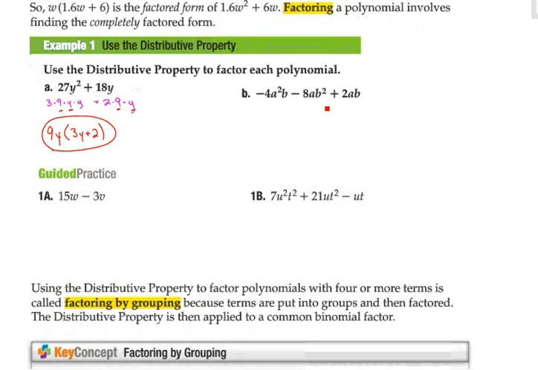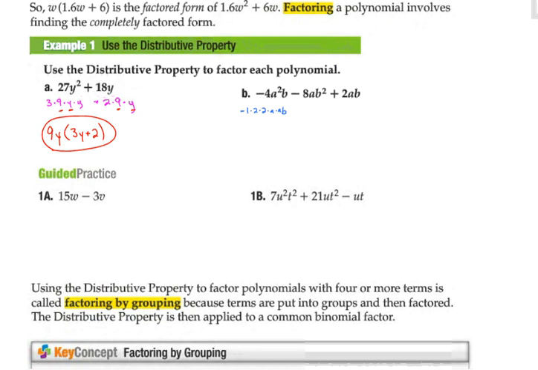Okay, so here's a question. Does it work when we have more than just a binomial? Well, I think so. So let's go ahead and look at this. How are we going to factor negative 4ab? I'm actually going to say that it has a negative 1, a 2, an A, and a B. And I'm going to have to move that over because that's a lot of factors.